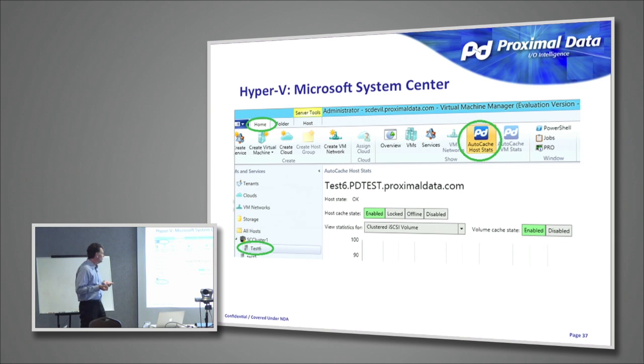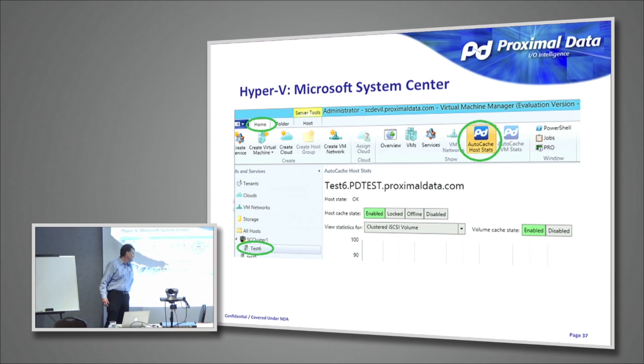So this is just a little bit of highlight for those who aren't as familiar with it. This is the main pane of the virtual machine manager. Home screen, an individual test machine has been selected. We populate the AutoCache host level stats button has been selected. And then, once again, the enabled, locked, offline, disabled.